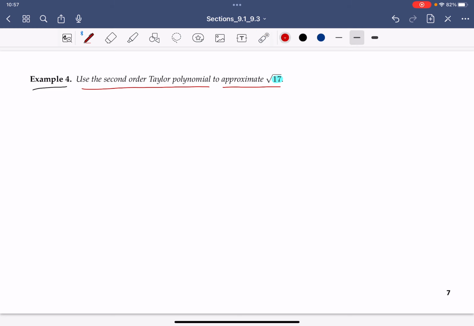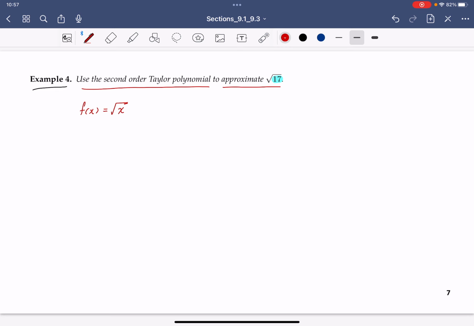So maybe we're going to let f(x) be square root of x plus 16. Maybe just x. Okay, x, and then what happens next?